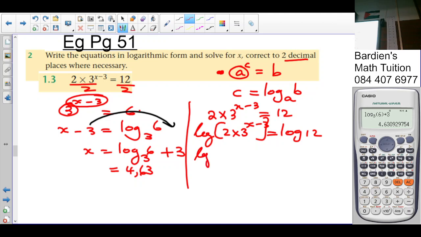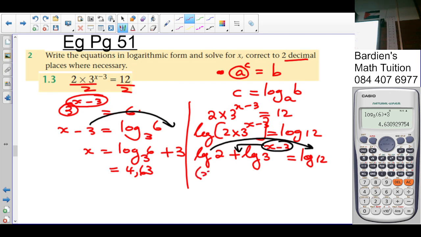So it's going to be log 2 plus, remember log of the product is equal to the sum of the logs, log 3 to the exponent x minus 3 is equal to log 12. So this log 2 goes over the equal sign. So what I will have now is x minus 3 log 3 is equal to log 12 minus log 2.